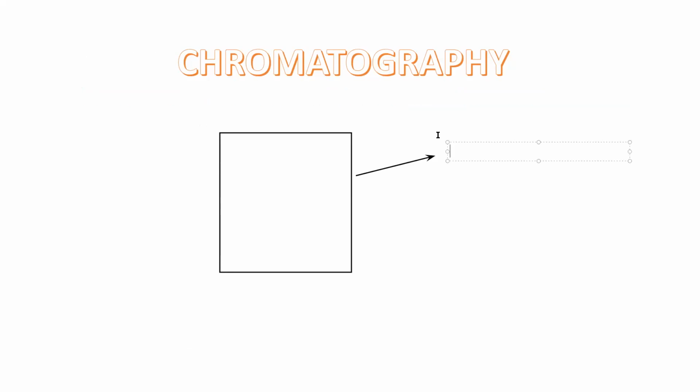So first, what we do, we take a paper. This is a paper. This paper is known as a chromatogram. You should be able to label this.